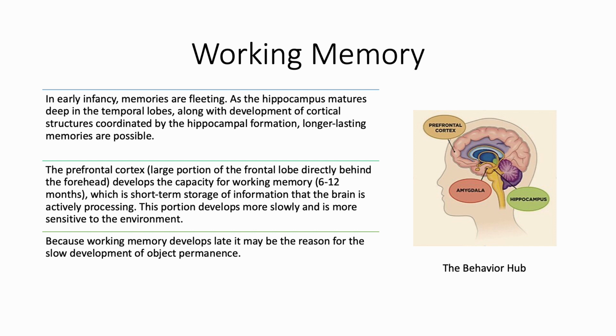The prefrontal cortex, the large portion in the frontal lobe directly behind the forehead, develops the capacity for working memory at about 6 to 12 months, which is short-term storage of information that the brain is actively processing. This portion develops more slowly and is more sensitive to the environment. Because working memory develops late, it may be the reason for the slow development of object permanence.